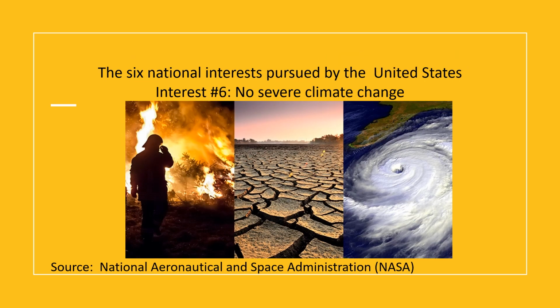And finally, we look at a goal of no severe climate change. Look at these different images from NASA, the National Aeronautics and Space Administration. Right here we see a wildfire on the left, and wildfires are often caused by a spark when there's not enough rain.